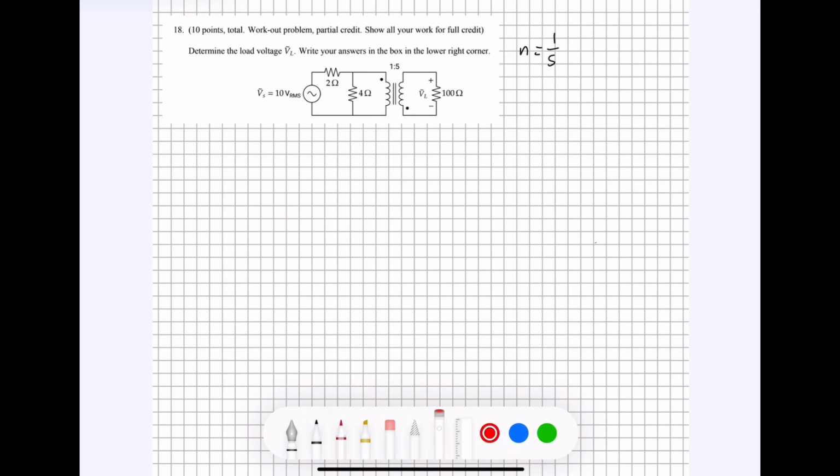If you have a current on this side, for example, it's going to be 5 times more than the current over here on this side.